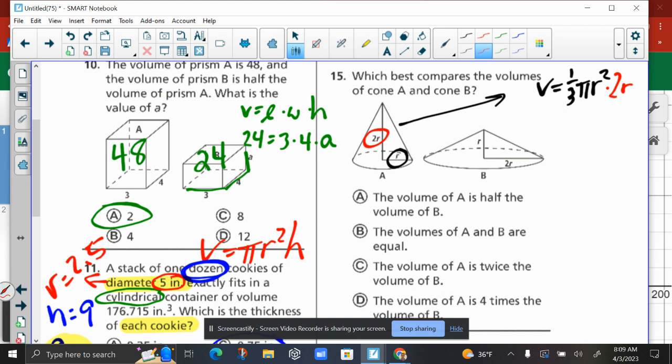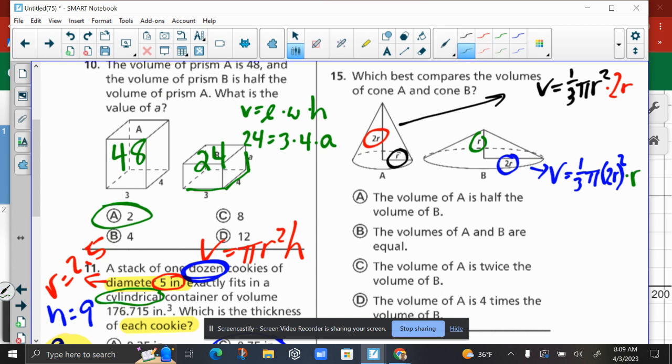So if I combine that, well, we won't combine it yet. We'll write out the other formula. So here, volume equals 1/3 pi. Here's my r value, so it's 2r squared. And then here is my height, times r.